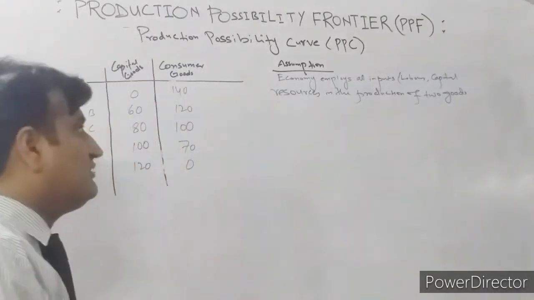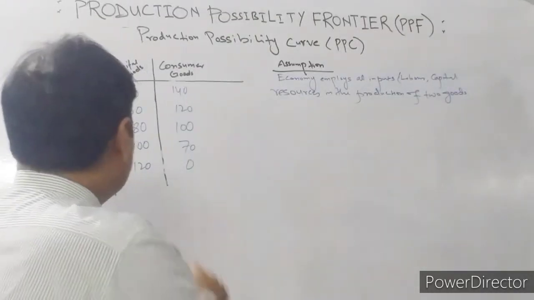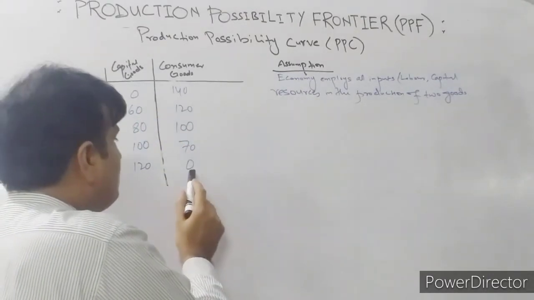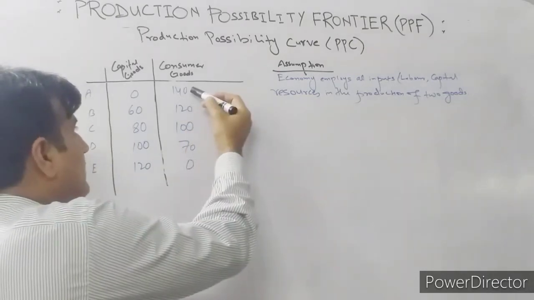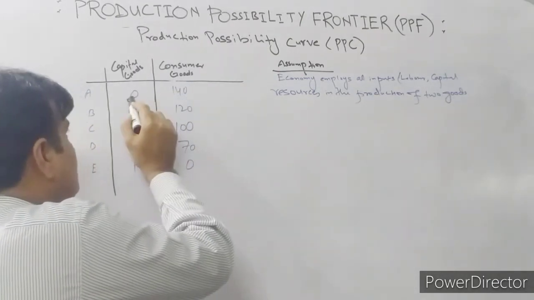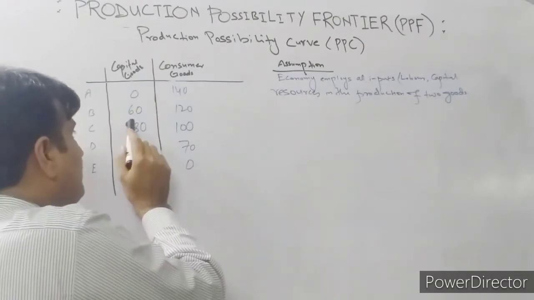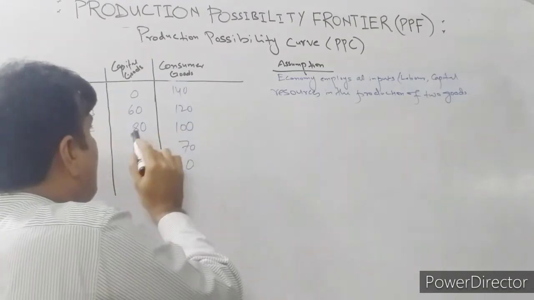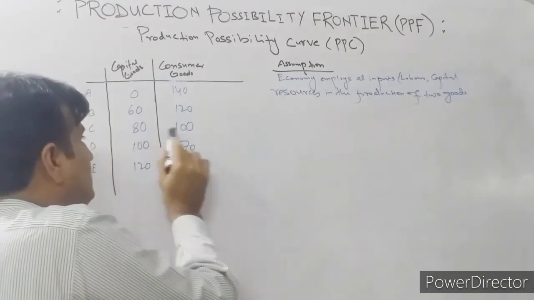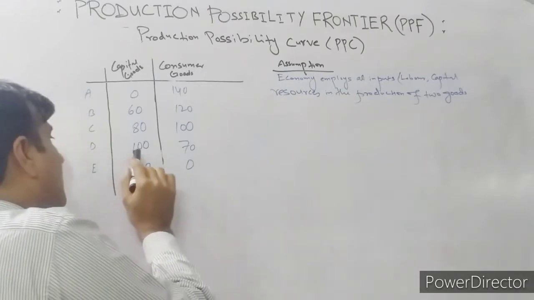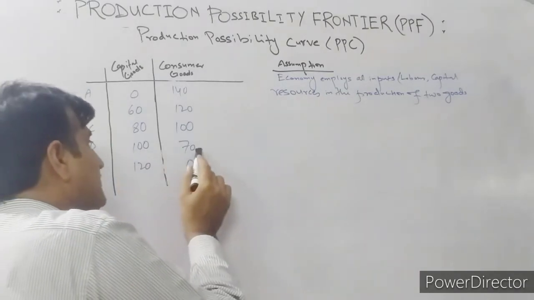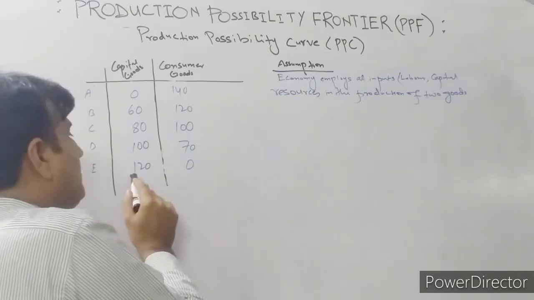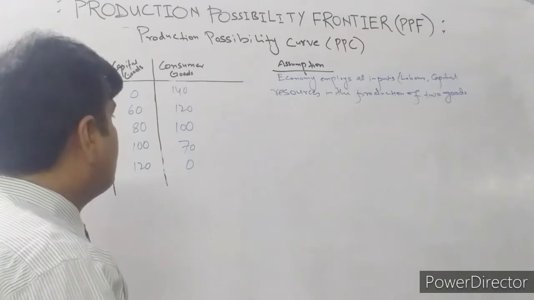These are the different options available to an economy: either to produce 120 units of capital goods and no consumer goods, or 140 units of consumer goods with 0 units of capital goods, or 60 units of capital goods and 120 units of consumer goods, or 80 units of capital and 100 units of consumer goods, or 100 units of capital and 70 units of consumer goods, or 120 units of capital goods and 0 units of consumer goods.